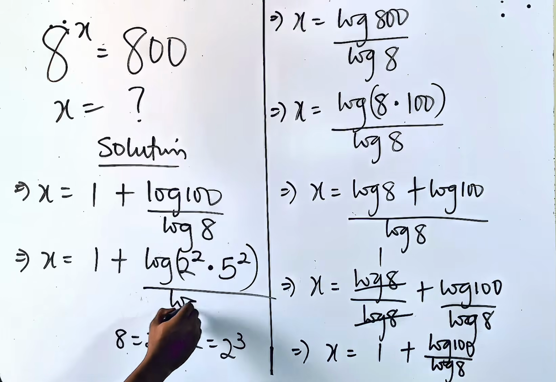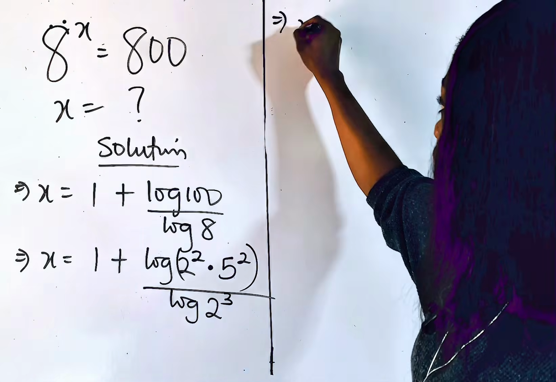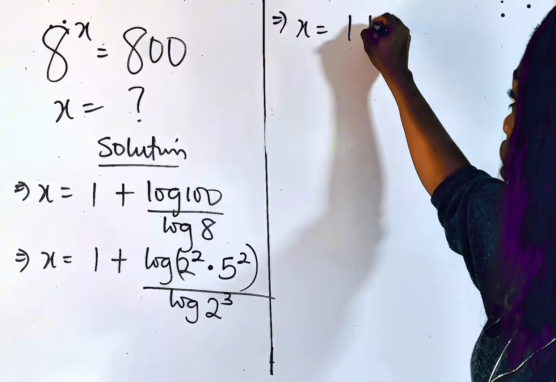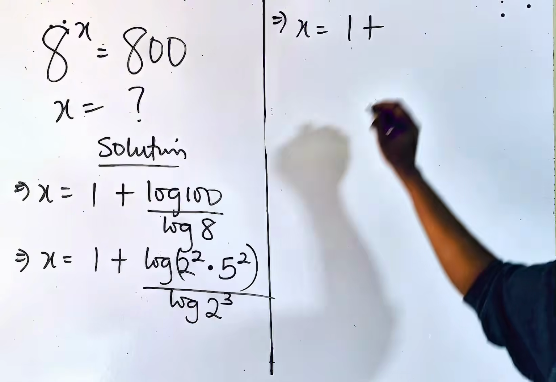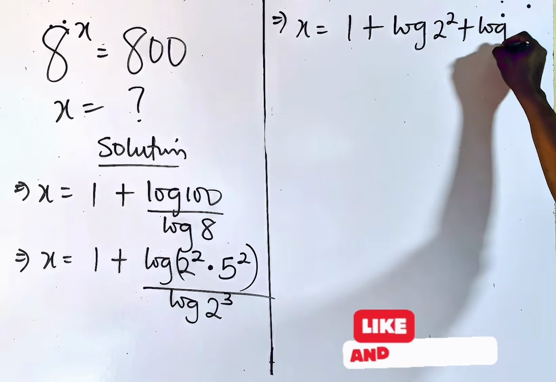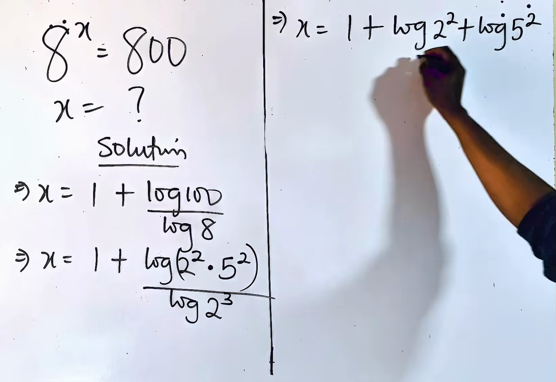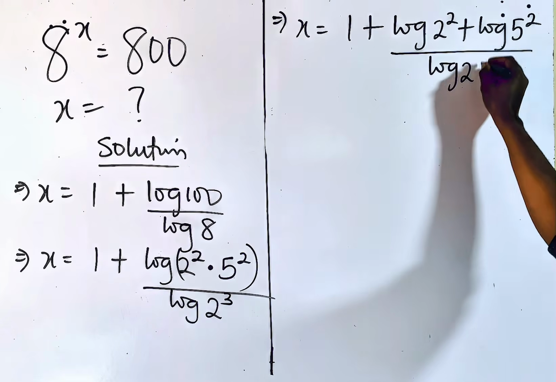So we have log of 2 cubed. Keep solving. x is equal to 1 plus, remember, multiplication turns to addition, so we have log of 2 squared plus log of 5 squared, divided by log of 2 cubed.